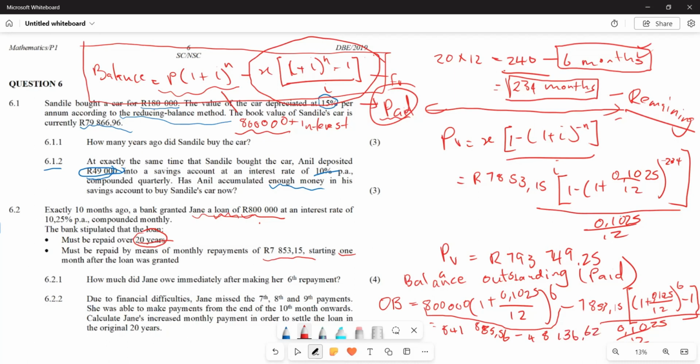Which means after 6 months the 800,000 would have earned an interest of almost 41,885.56.